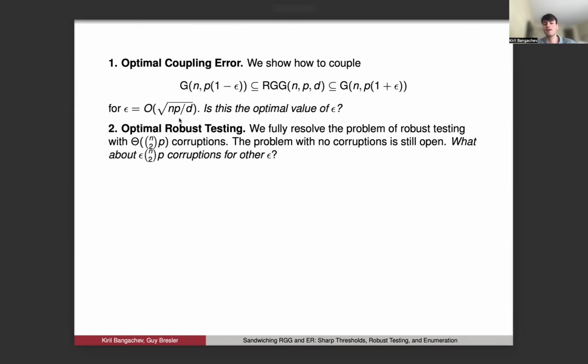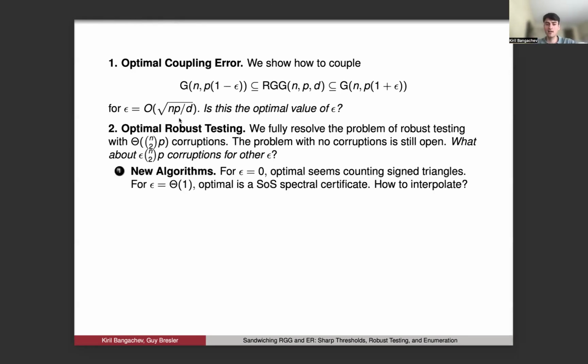So what about other epsilon, which are a function of the number of vertices? And while we haven't made much progress in this direction, we know that it will certainly require new algorithms, because for when epsilon is zero, so with no corruptions, we expect that the optimal algorithm is counting signed triangles. When epsilon is a constant, we know that optimal is the sum of squares spectral certificate which we designed.